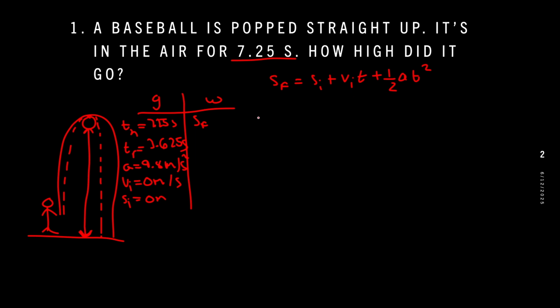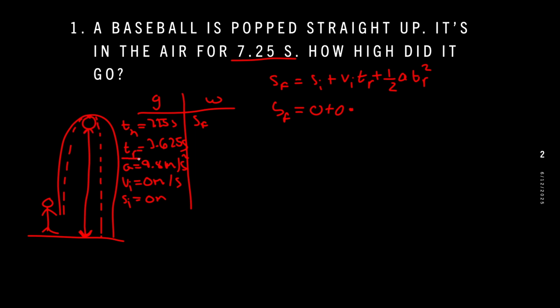So now we could start plugging in numbers. So S_F is what we want, S_I is 0, V_I is 0. Now our time, this would actually be our rise time because we only want to find the maximum position of the ball.